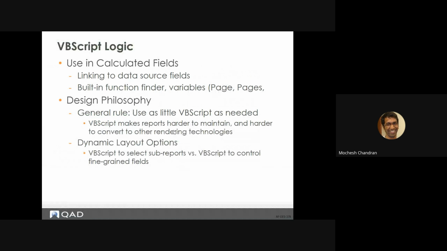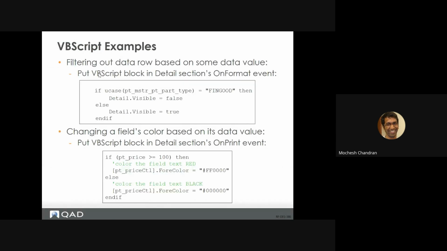So this is some VB script example. In the first one, if the uppercase of item part type is finished good, then the detail section is made visible as false. If the item type is not finished good, then they display the visible detail.